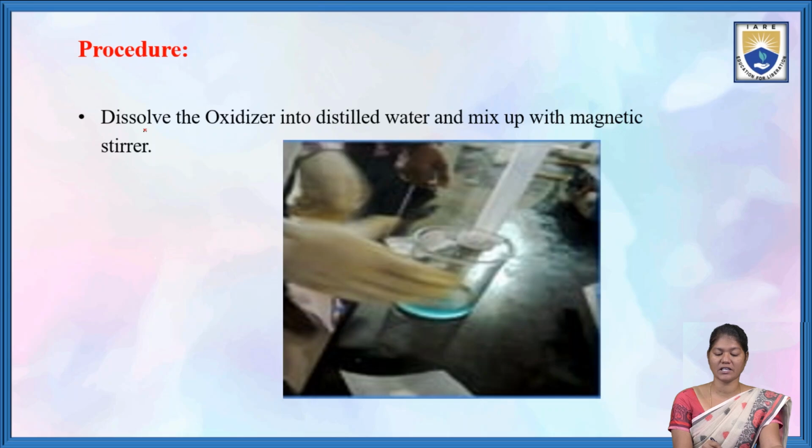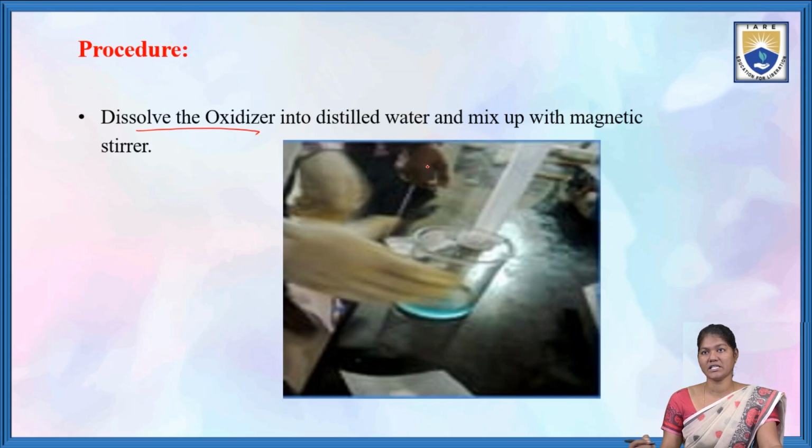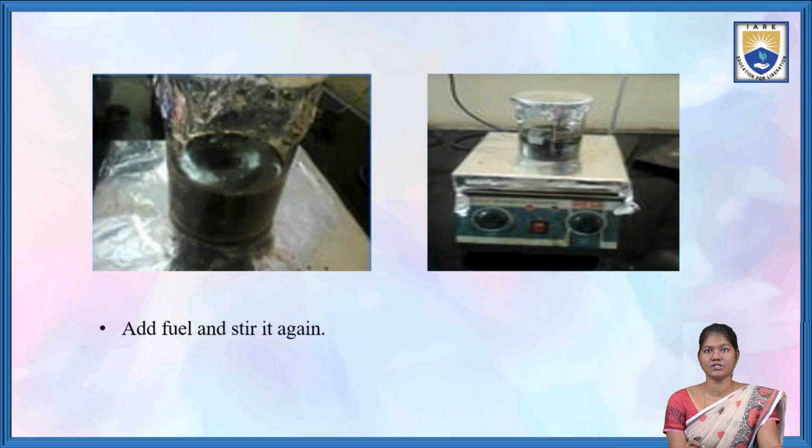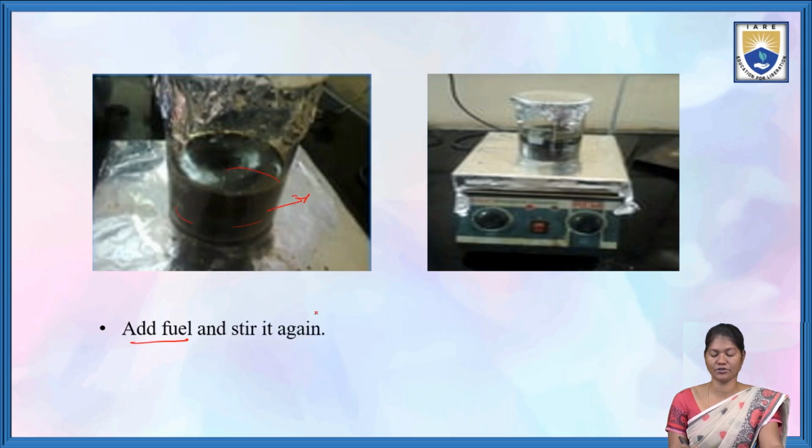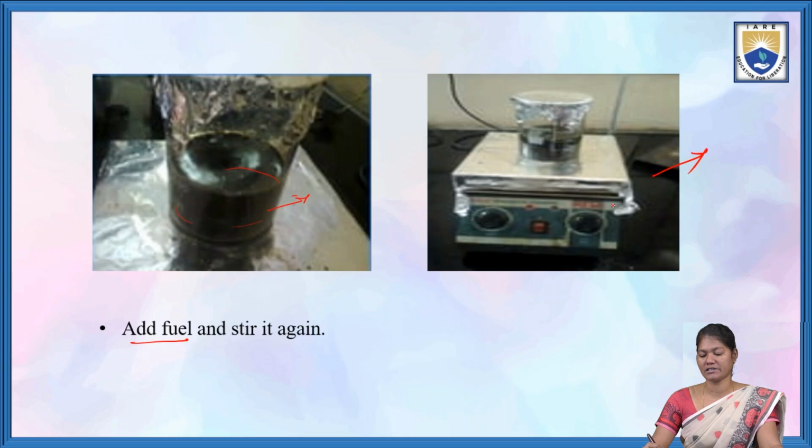First we take an oxidizer. The oxidizer is dissolved in distilled water by mixing with a magnetic stirrer. For this solution, we add an organic fuel and stir it again. This is a magnetic stirrer.